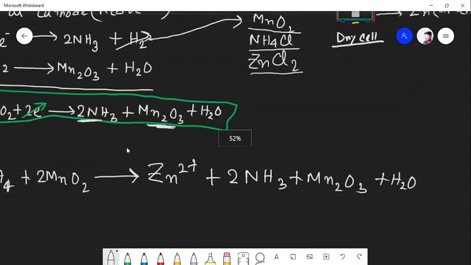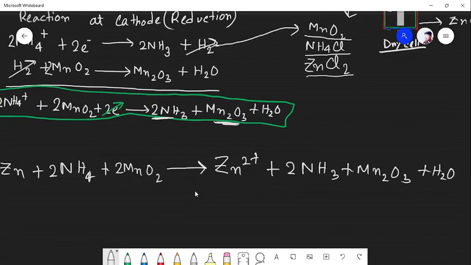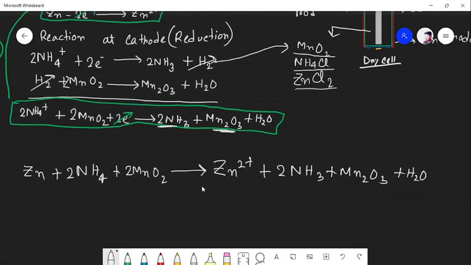So this is the overall reaction taking place in this cell.